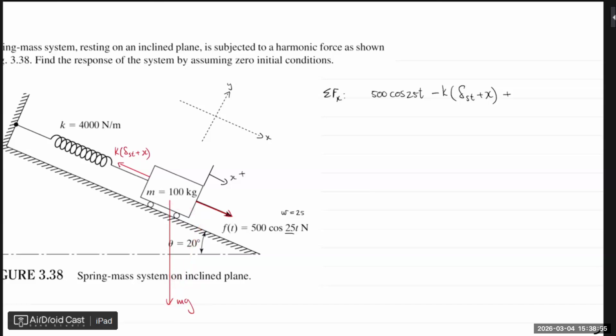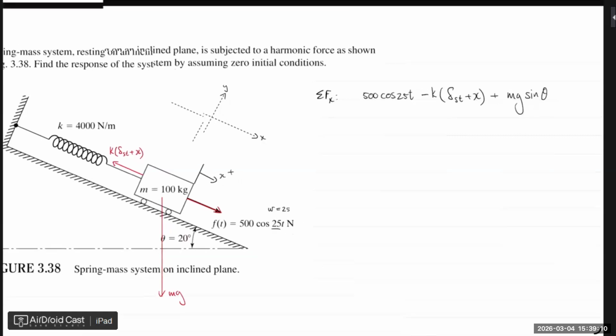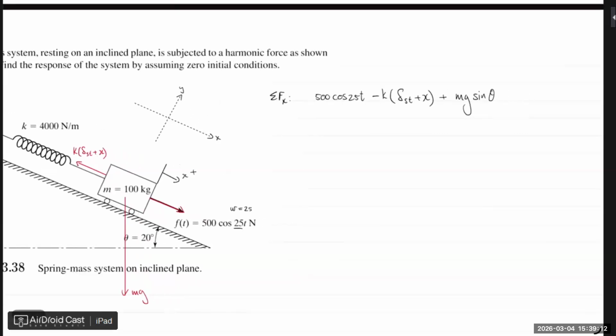So it will be plus mg sin theta. We can substitute in that theta as 20. You're more than welcome to, but you'll see later on how it will actually go away. And that's equal to ma, which is m x double dot.